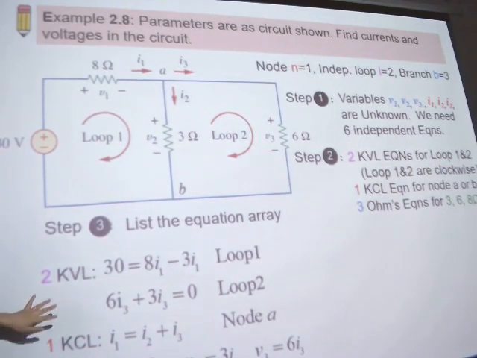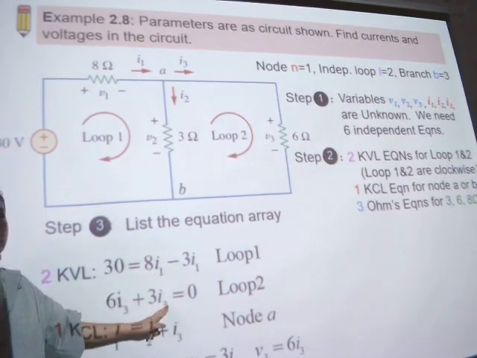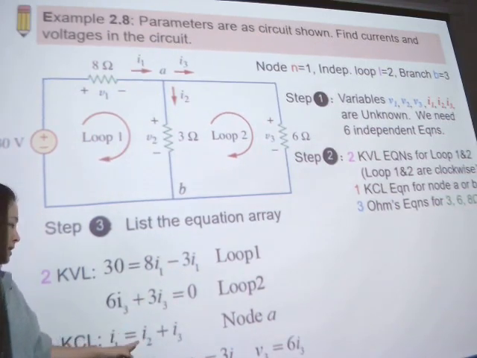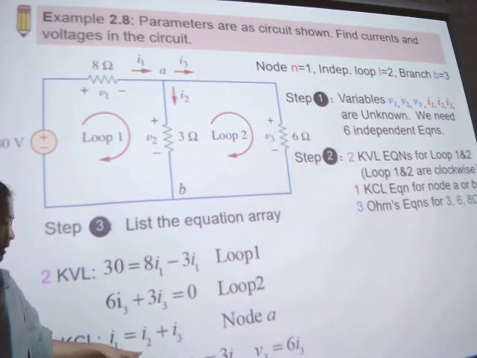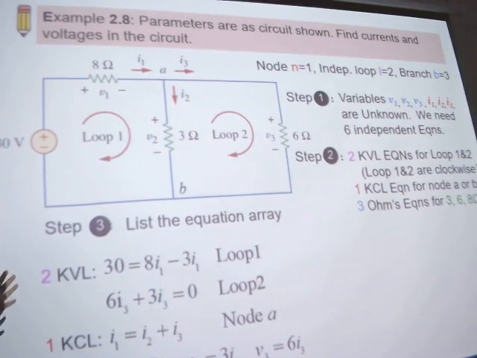And we also can use this method. This method is called the loop current method. You can see here, for those 2 equations, we will get I1 and I3, okay? And then we use this one, get I2. And then put them inside and use those 3 equations, and we also get the same result.